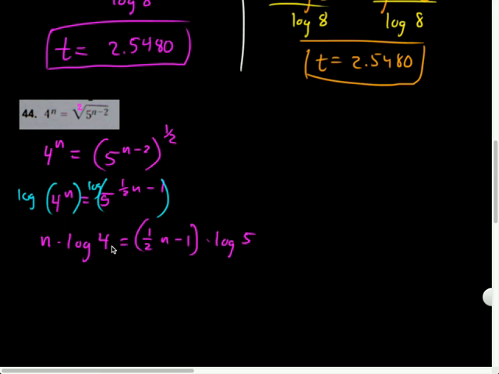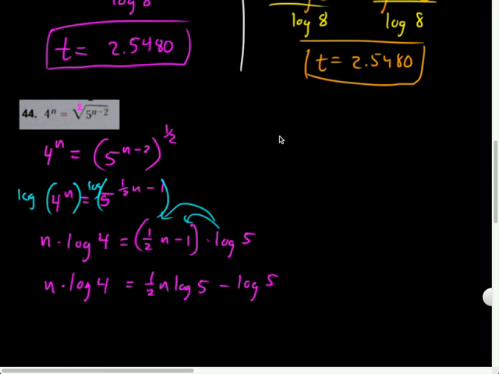So now notice I've got variables on both sides. The way I'm going to have to deal with that is bringing them together and recognizing this whole time that these log 4 and log 5, they're just numbers. So half n log 5 minus log 5, right?